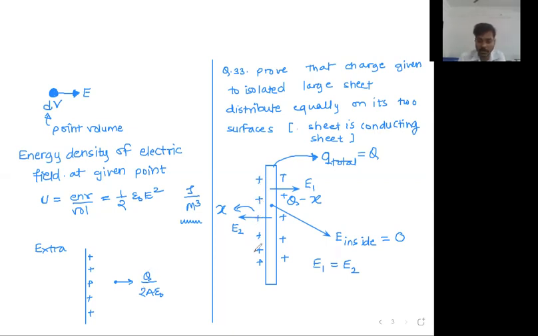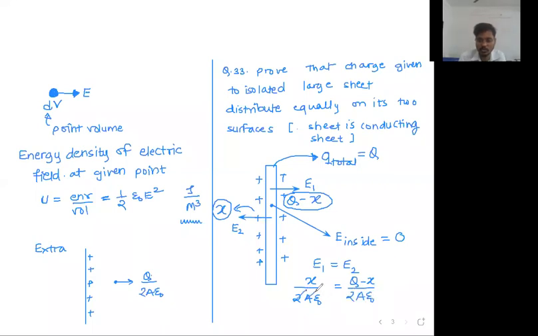So on the left hand side sheet, charge is x. So instead of q, I will write x upon 2A epsilon 0 is equal to, on the right hand side, q minus x upon 2A epsilon 0.